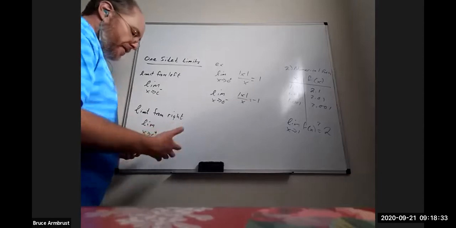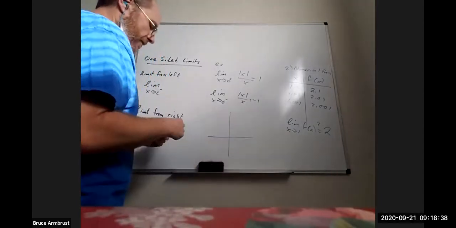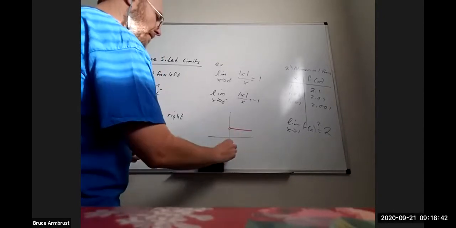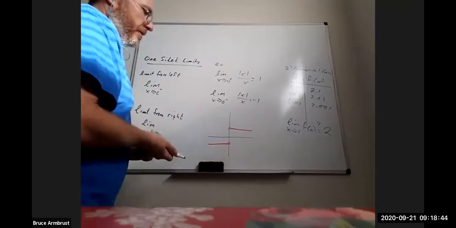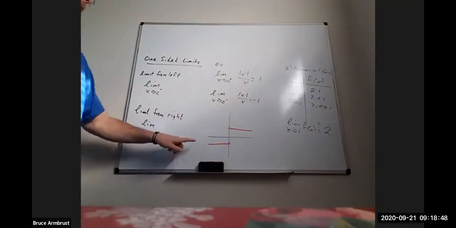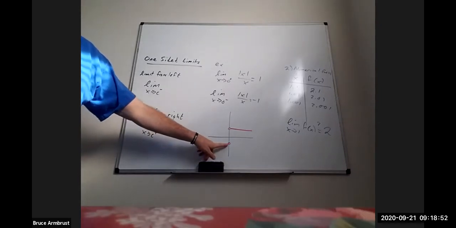And we actually saw this on the graph as well. The graph of this thing looked like this. So again, you can imagine if you're the spider walking along on this lower one, you're always at -1. And as you get closer and closer to 0, you still get -1.